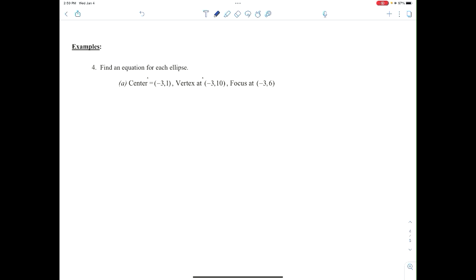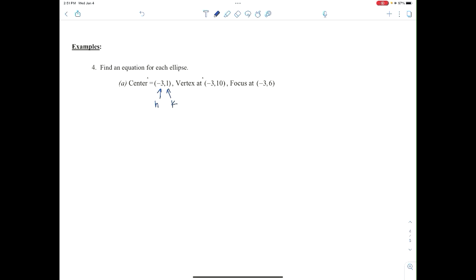Okay. Next up, find an equation for each ellipse. We have the center at (-3, 1), the vertex at (-3, 10), and the focus at (-3, 6). Our center, we know, gives us h, k.